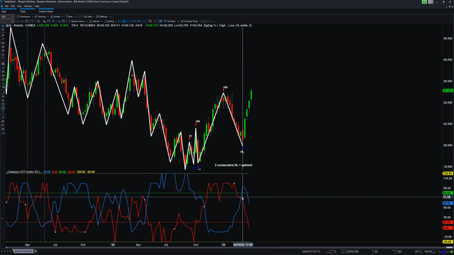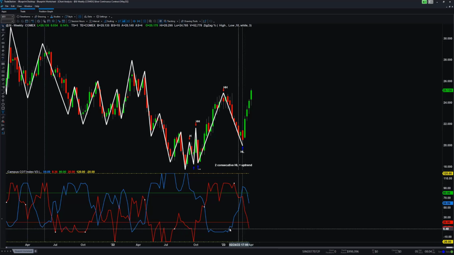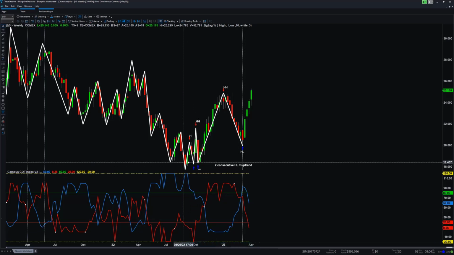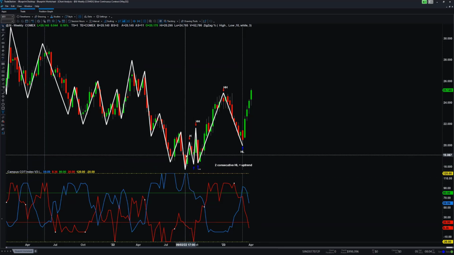Sometimes they're right, and nobody is wrong all of the time. So in this case, you could buy regardless of the retailers being at the opposite extreme. But again, the much better setup, of course, is when you have that opposite alignment, or that divergence, we would call it.